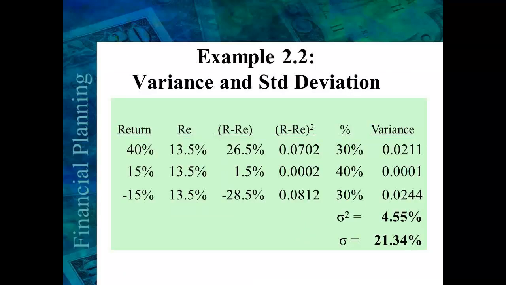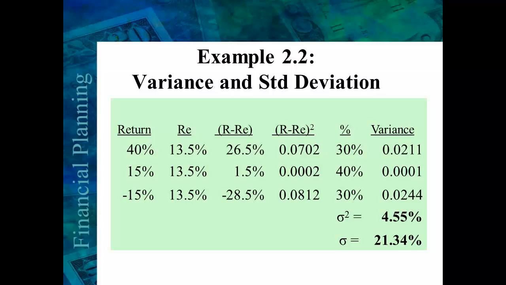The variance is discovered by squaring the difference between the scenario and expected return. In the bull market scenario, the square difference is 7.02% or 0.0702. Multiplying that by the scenario probability of 30%, you get a weighted scenario variance of 2.11% or 0.0211.